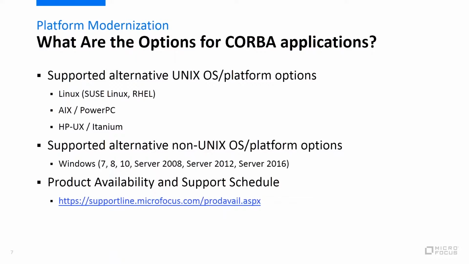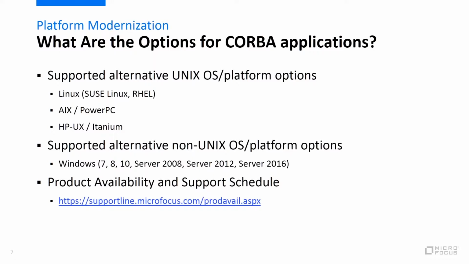Next slide, please. So let's take a look at what options we have when we talk about platform modernization or platform migration for the CORBA products. Micro Focus CORBA products are currently supported on several Unix and non-Unix platforms.